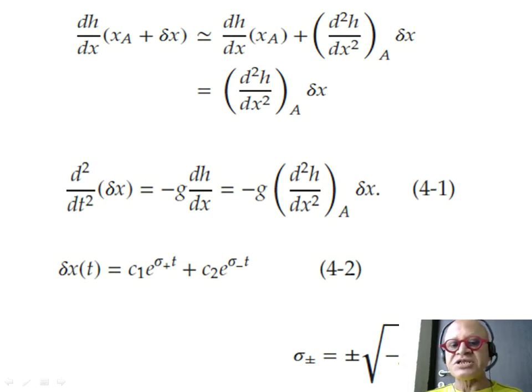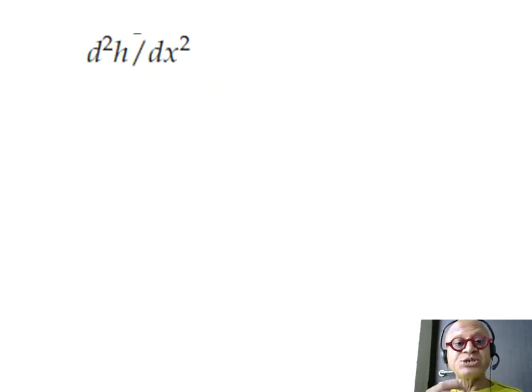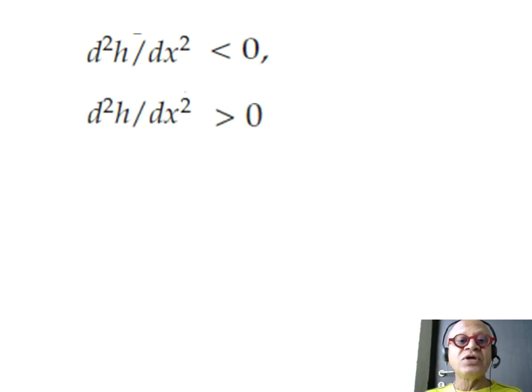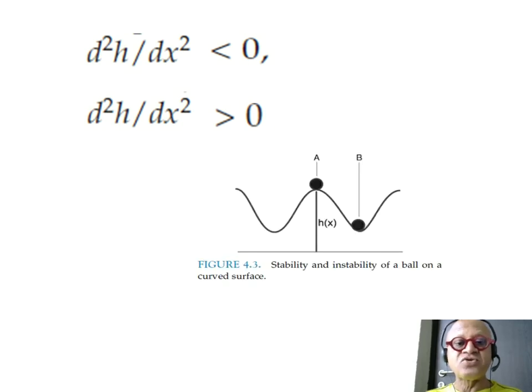If d squared h/dx squared is negative, then this is going to be positive, so sigma will be positive. If d squared h/dx squared is positive, then the square root of a negative number gives you an imaginary number. So d squared h/dx squared being less than 0 or greater than 0 is going to determine your stability.